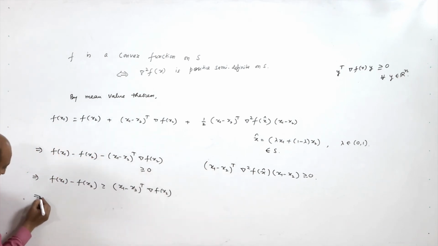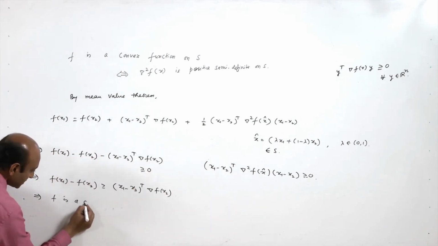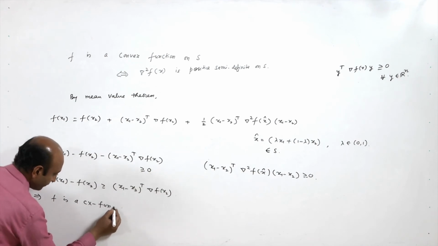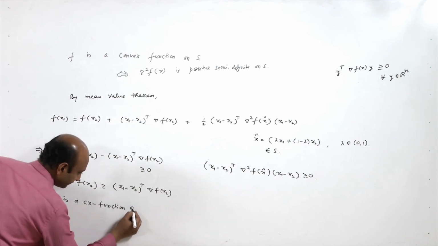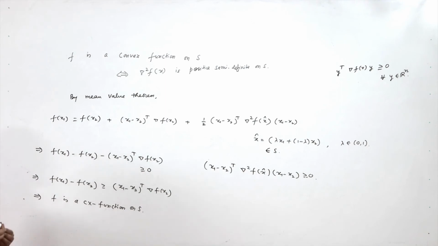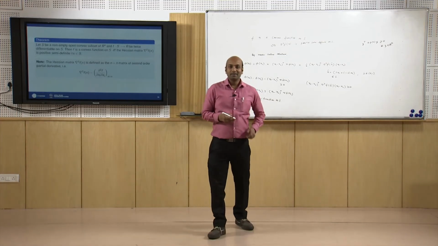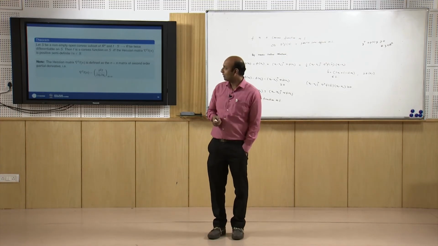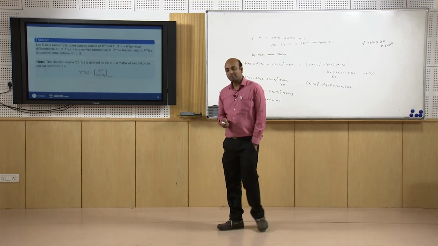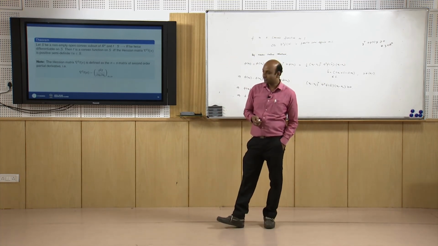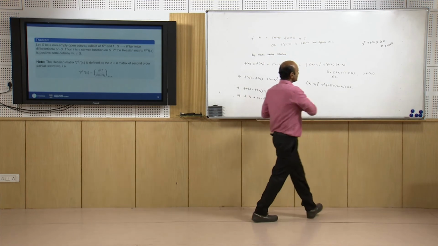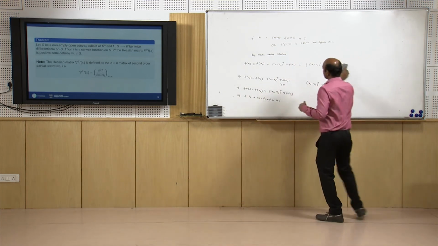So, this implies f is a convex function on S. So, that is how we can show that f is convex if and only if its Hessian matrix is positive semi definite. So, we have various examples now to illustrate this.